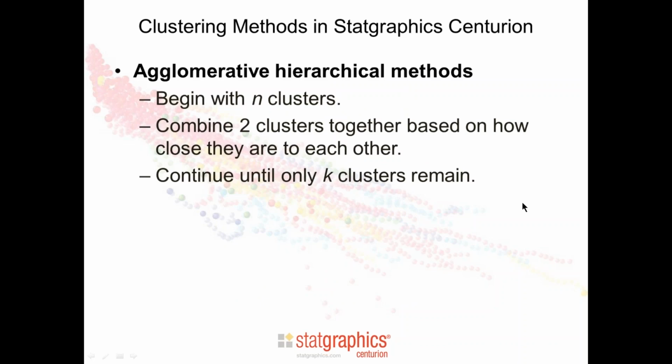Now, as far as the methods for doing cluster analysis in Statgraphics, I told you there are two. The first is typically called the agglomerative hierarchical method. In the agglomerative hierarchical method, you start by putting each country into its own cluster. So if I have 141 countries, I start with 141 clusters.